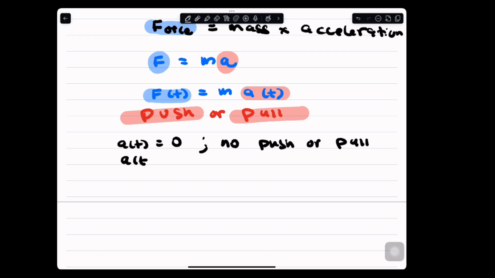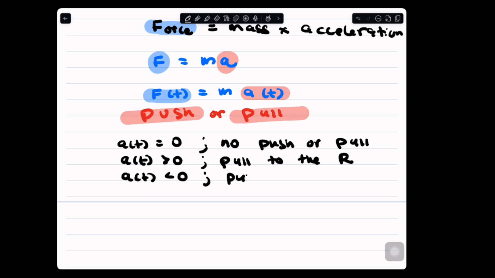When your acceleration is positive, the particle is being pulled or pushed to the what? Positive direction. We said right is positive, or up or forward. When your acceleration is negative, the pull is to the what? To the left.